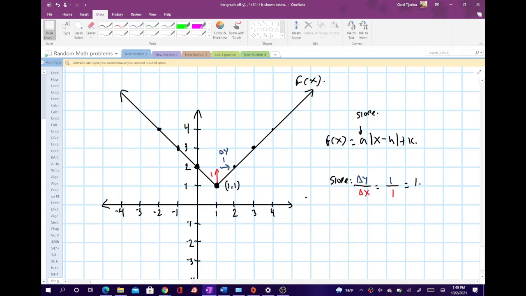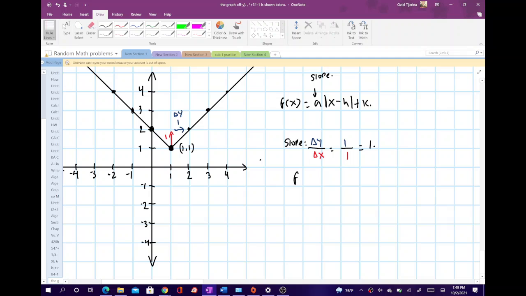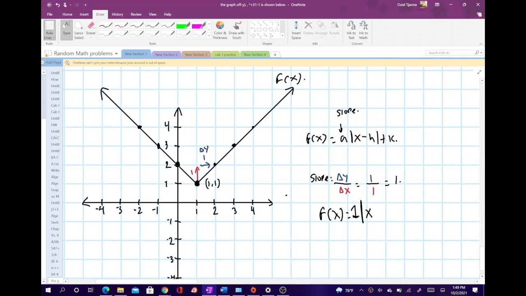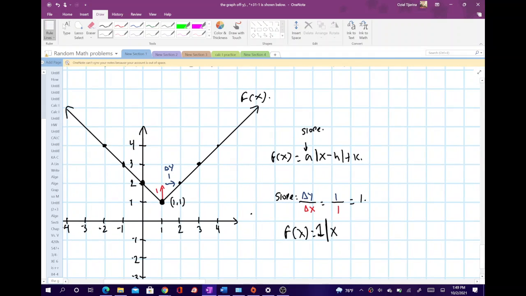That is what a is going to equal. So here, f of x is going to be 1, and we're going to put an absolute value symbol like this, and it's going to be x, and notice that your h, k, the vertex in an absolute value function, is right here.